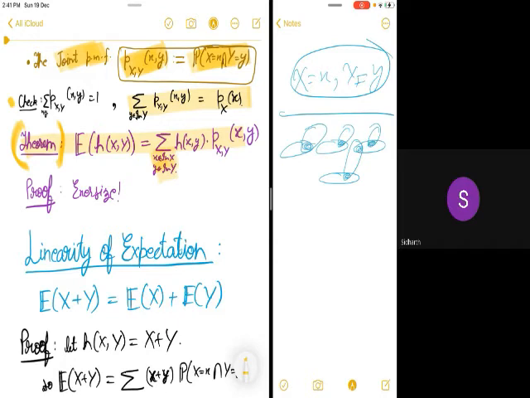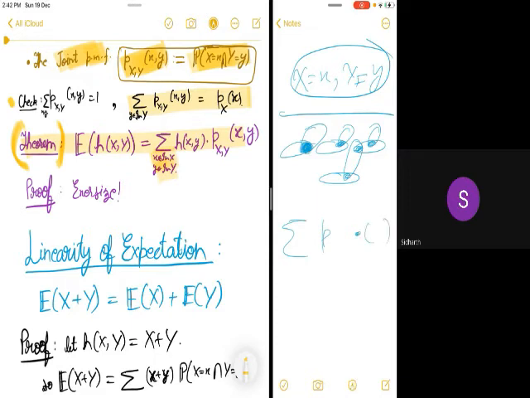Now you can specialize to these intersections, and write the expected value of the random variable X plus Y as a sum over the probability of this intersection times the value of X plus Y at this intersection.